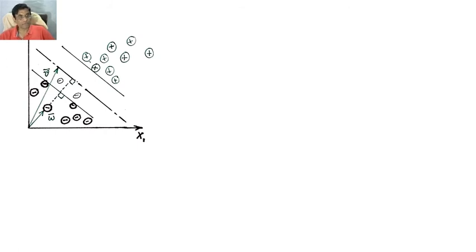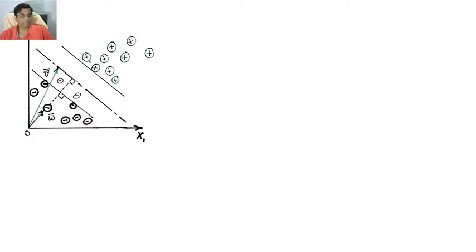Now, for the time being, suppose we are drawing a vector W. This vector is perpendicular to the gutter, and as such, it will be perpendicular to the decision boundary or the straight line.